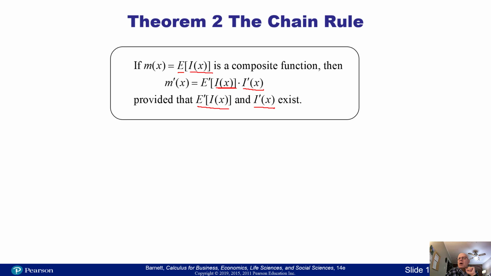Now if you're wondering why they happen to use E and I, E would be the outside function or the external function. And I guess you figured out this will be the internal function. Inside, outside, external, internal. Whatever you like, whatever really sticks with your head.